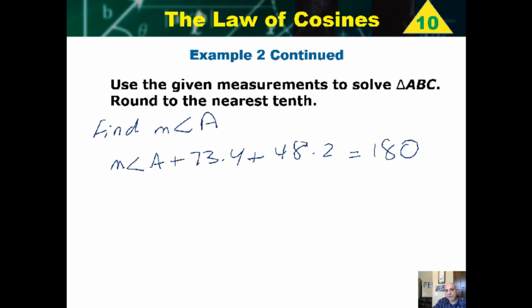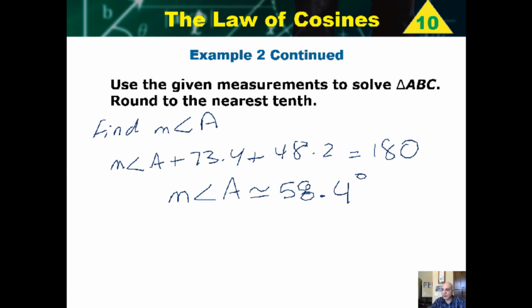And once you do the simple arithmetic, the measure of angle A would be almost 58.4 degrees. Okay, that's how we do that one.